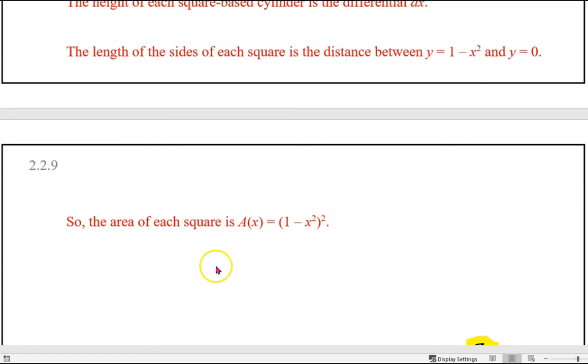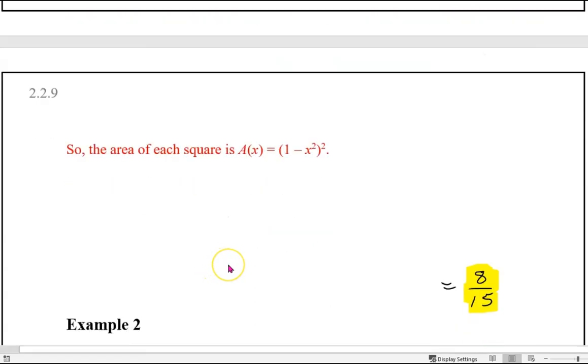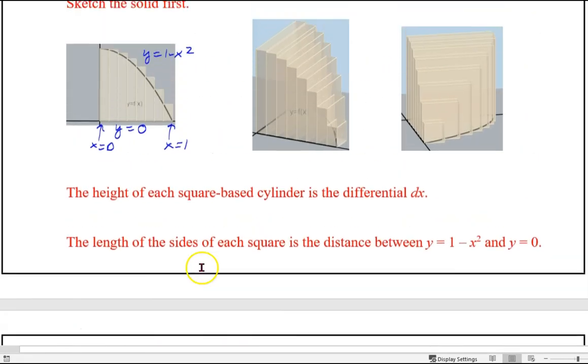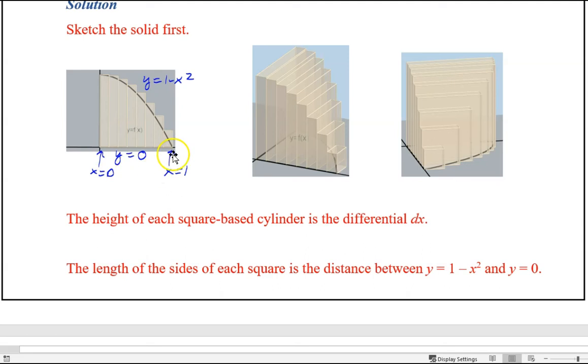Now we want to set up our integral so that we can solve it. Remember that the formula for the integration is the integral from A to B of the area of each cross-section times the differential, which is the height of each cylinder. Our cross-sections are squares. We're going from x equal to 0 to x equal to 1.